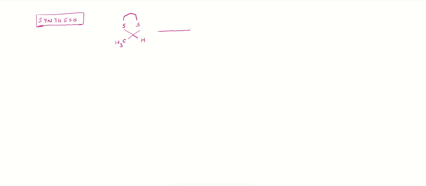So this, on treatment with n-butyllithium, abstracts the proton, and then we'll get this, CH3, CH3, this is Li. Or we can also write, we'll get the dithiane anion. This is CH3 and I'll get an anion here.